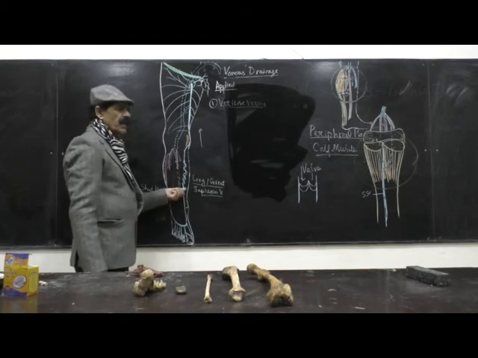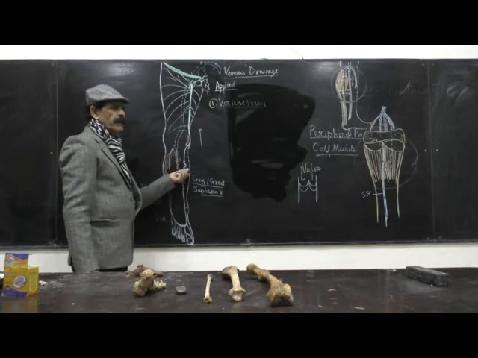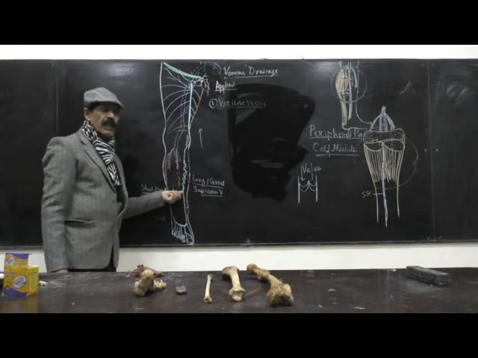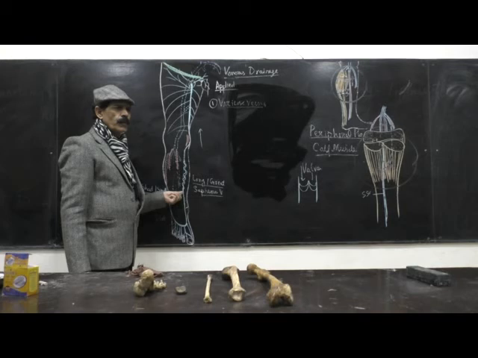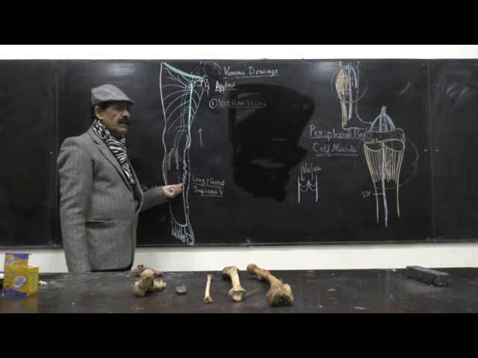There may be small segments or long segments of varicose veins which look snake-like and are easily seen as superficial veins just below the skin. Such tortuous veins are called varicose veins.